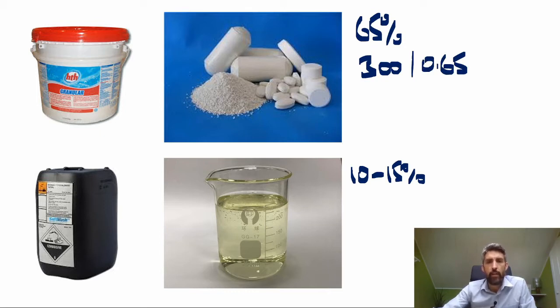And in the case of the sodium hypochlorite, let's say we were using a product that's 15% strength, then we would need to take the 300 and divide this time by 0.15.